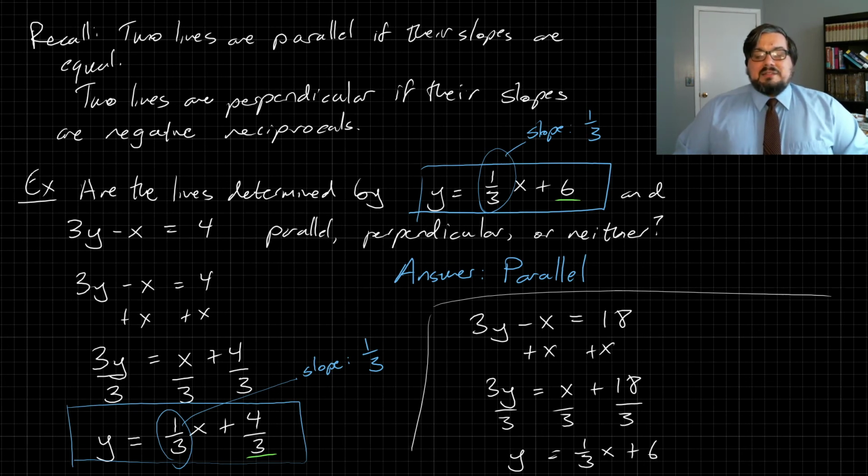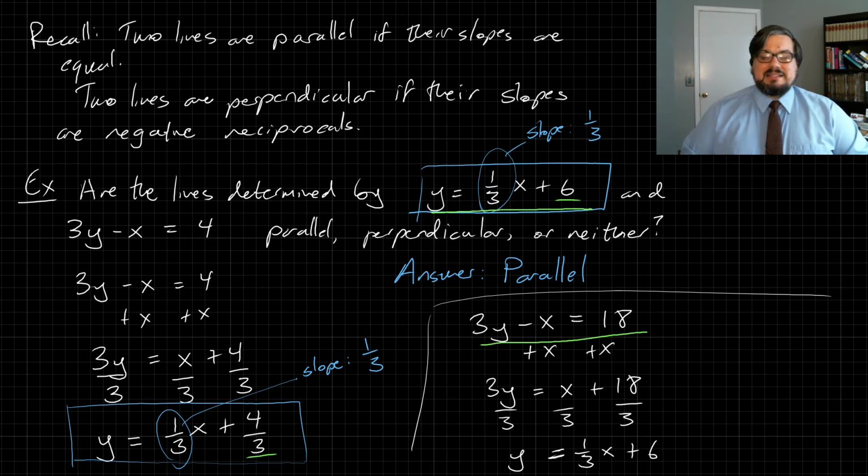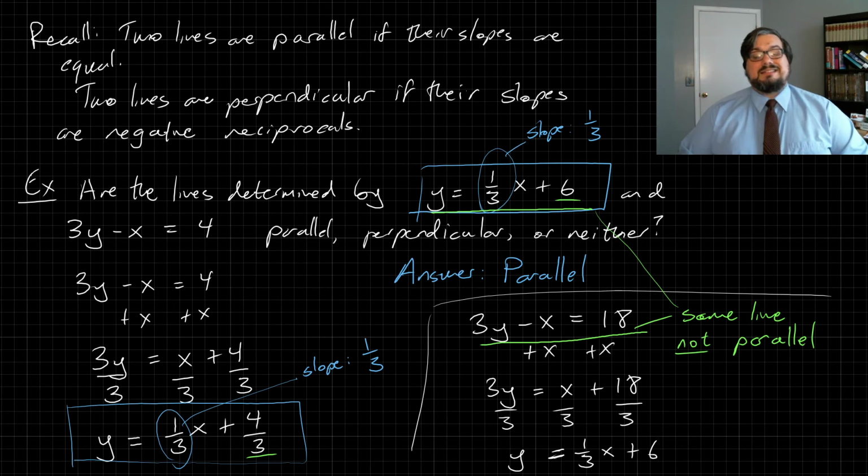So what that means is that the equation y equals 1/3 x plus 6 and the equation 3y minus x equals 18 both define the same line. So in particular, they are not parallel. Parallel lines have to be different lines.